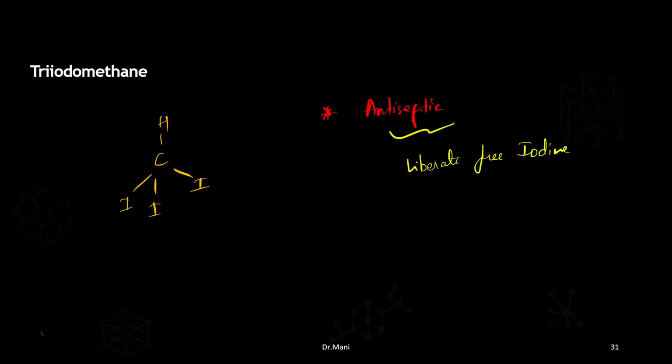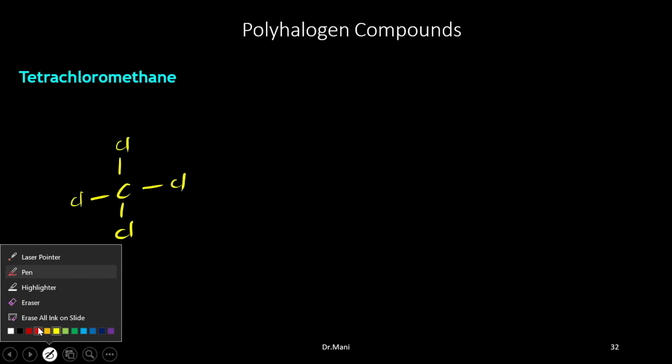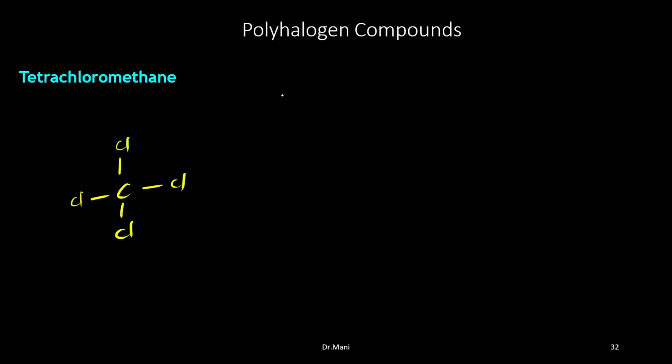Next one, tetrachloromethane. That means all the bonds of carbon are attached to chlorine. This tetrachloromethane is helpful for manufacturing refrigerants. You need to remember all these things for the final exam, even in NEET.